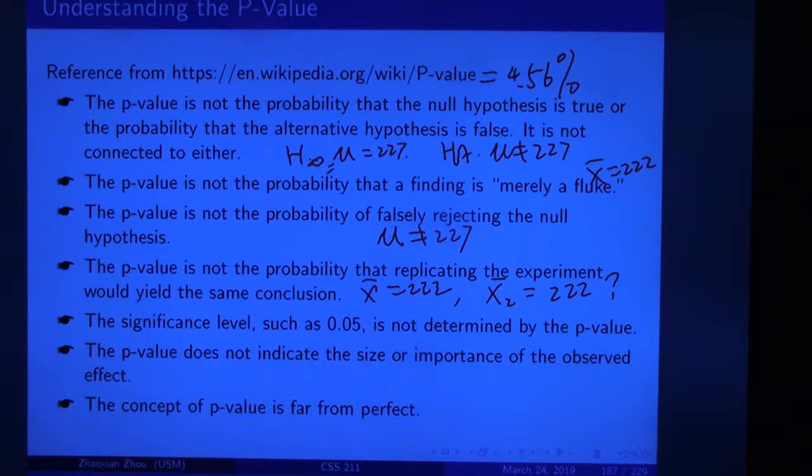There's even a video on YouTube listing a lot of examples in the scientific area where some research teams manipulate the p-value and make a lot of mistakes. So the p-value is far from perfect. This is only one method.